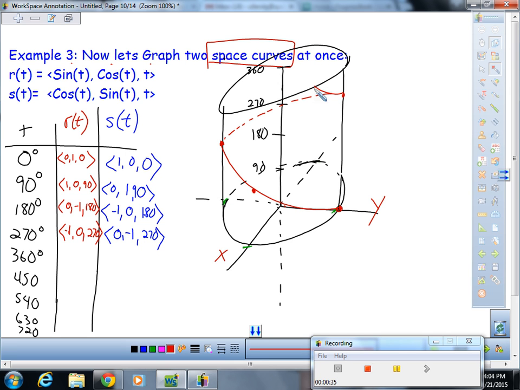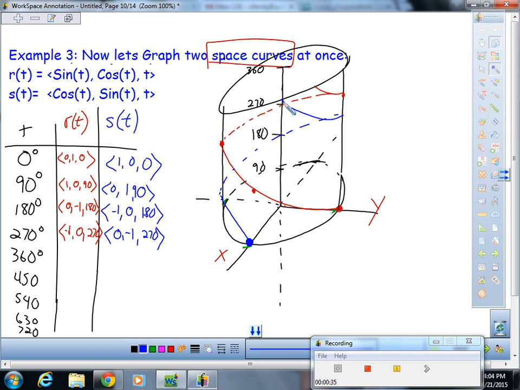The blue one starts here. And it's going to climb in a parallel fashion like this. So you can kind of think of that like one of these spinning barbershop poles.